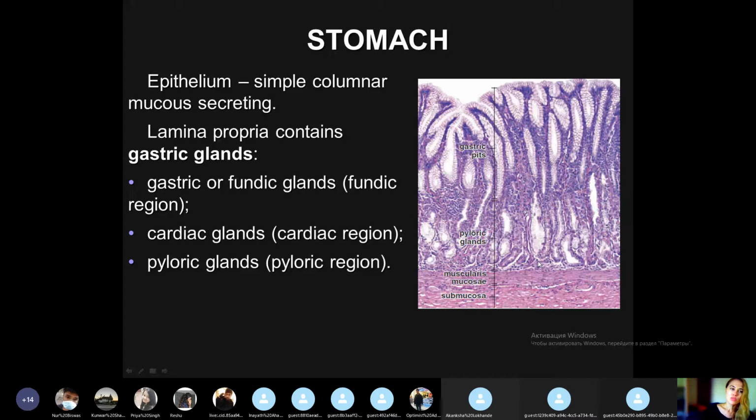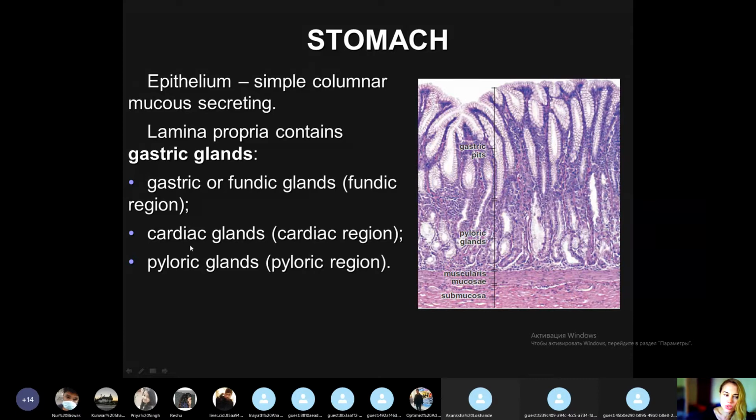The gastric glands, as I told you before, according to the region of the stomach, we differentiate into fundic glands, or gastric glands in the fundic region, cardiac glands in the cardiac region, and pyloric glands in the pyloric region.